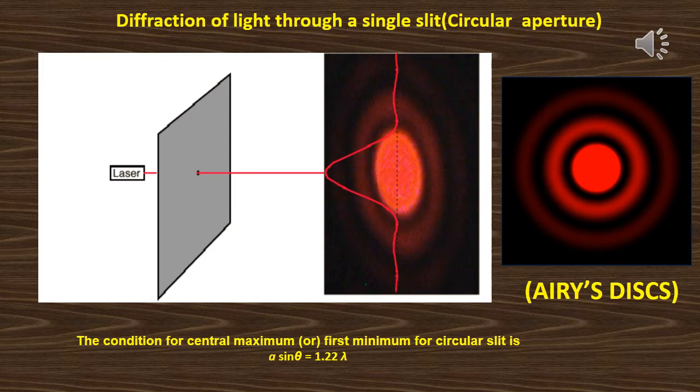To observe either the central maximum or first minimum, the condition is A sin theta is equal to 1.22 lambda. These concentric circles appearing in the diffraction pattern are called Airy's discs. By using Airy's discs, we are able to measure two important quantities called spatial resolution and angular resolution. So Airy's discs are very important to find the two parameters R0 and theta.